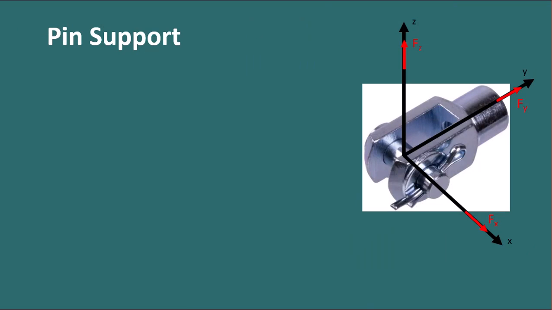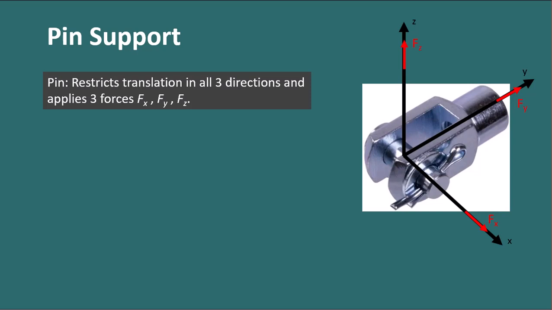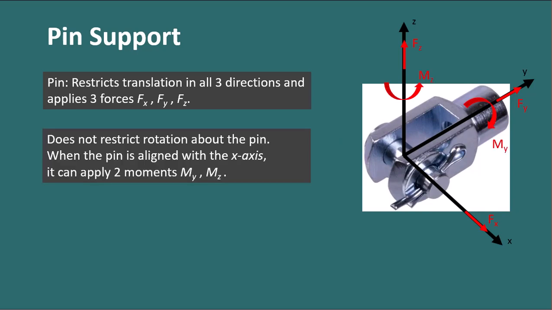A pin support applies three forces because the body is restricted to move in all three directions, but does not restrict any rotation along the x-axis. So a body can spin about the x-axis, but a body cannot spin about the y and the z-axis.